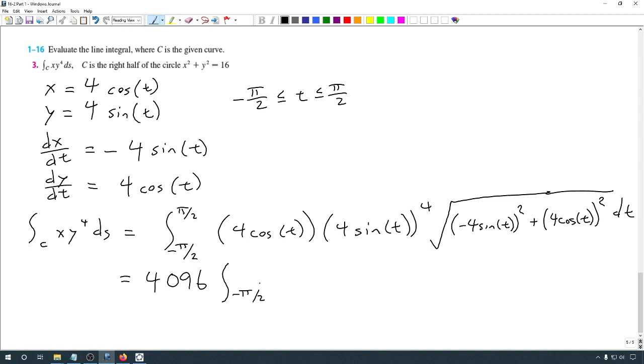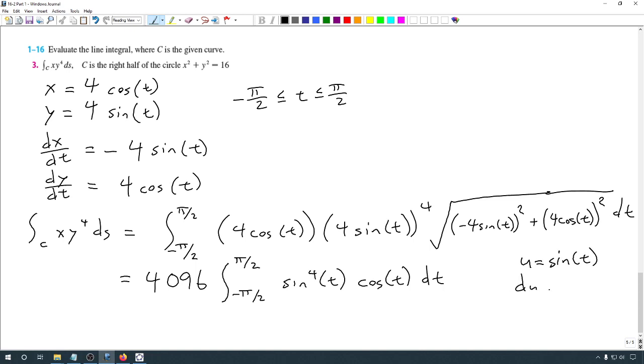We have the integral from negative pi over 2 to pi over 2, and we have a sine to the 4th, a cosine, and a dt. And now we just take the integral. Of course, here, the easiest way to tackle this would be to use a substitution. I'm going to let u equal sine of t.